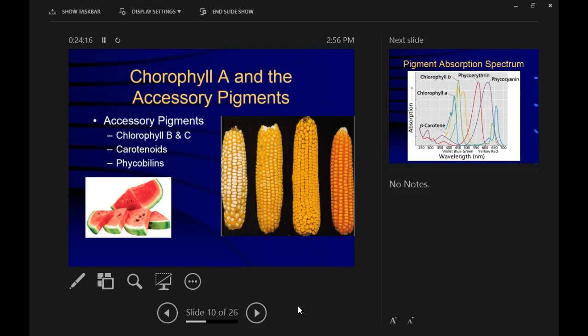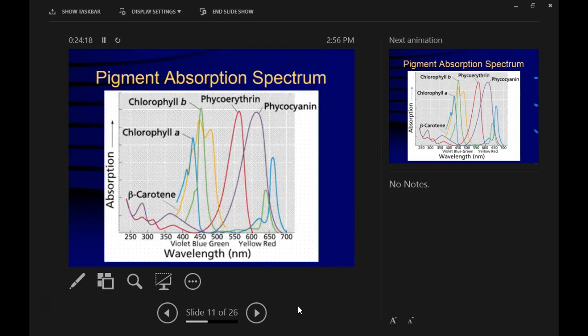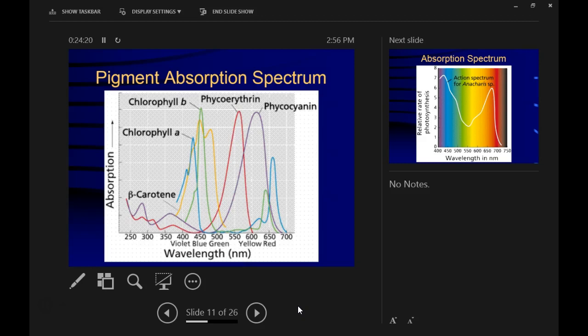So this is what it looks like. We're going to begin with our dominant one. This is chlorophyll A. If we stuck chlorophyll A in our spectrophotometer and started at about 400 here and went clear to 700, you'll notice that it has two spikes. Here is its most absorption, its greatest absorption, and you can see that's about 425.